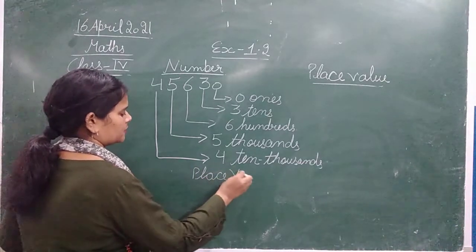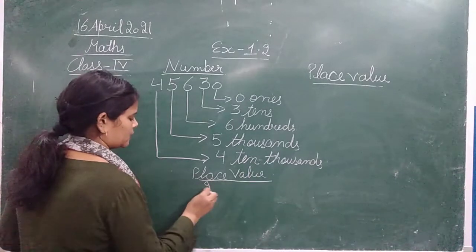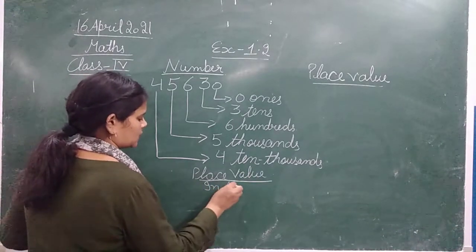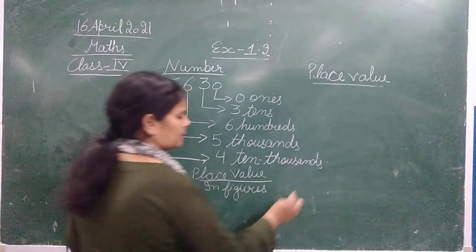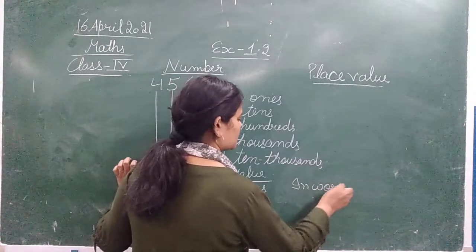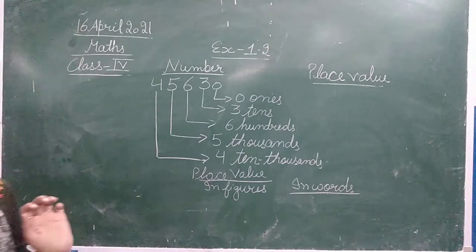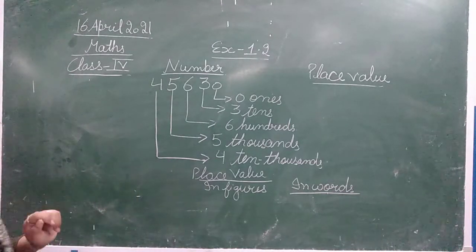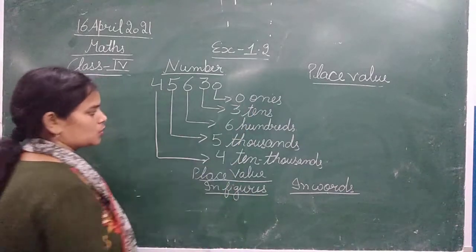So we are writing their place value. Okay, so here I'm writing in figures. जब हम numbers में इनकी place value लिखेंगे तो कैसे लिखेंगे? And here I'm writing in words. Words में मतलब number name form में आप लिखो. Okay, so here we will write down how we are going to write the place value of the given numbers. चलिए, so here starting with the first, that is 0.